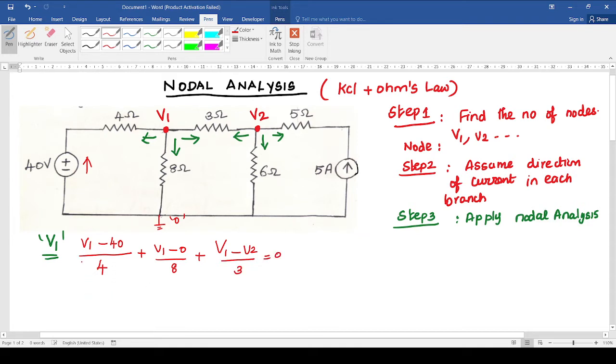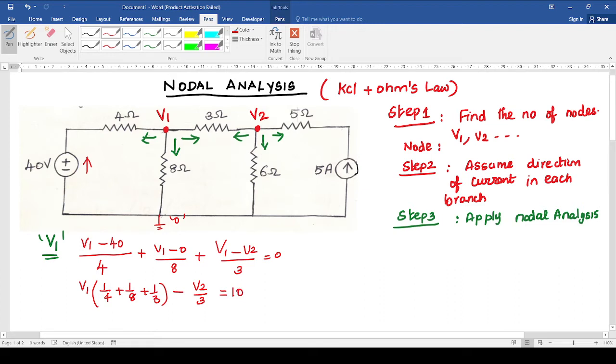Next I have to separate the variables and constants. So V1 of 1 by 4, here 1 by 8 and here 1 by 3, minus V2 by 3, that is equal to minus 40 by 4, that is 10. Then I have to reduce this equation.